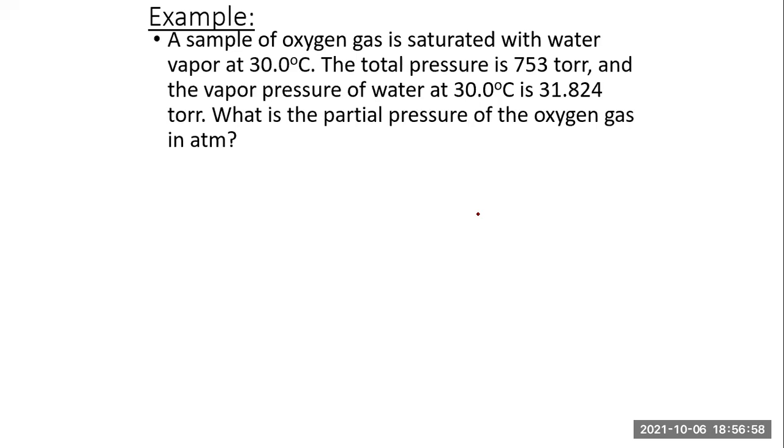So again, a couple of words that we see here that tell us we're in that situation: saturated with water vapor. That tells us the total pressure in this case is the pressure of the gas we're interested in plus the vapor pressure of water, which in a lot of cases I would need to look up in a table.